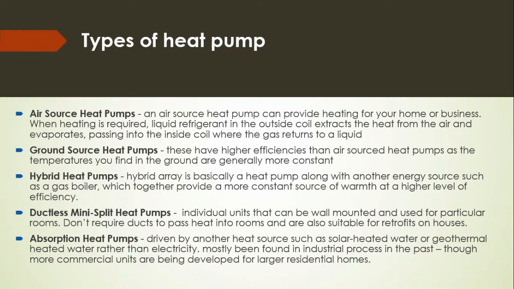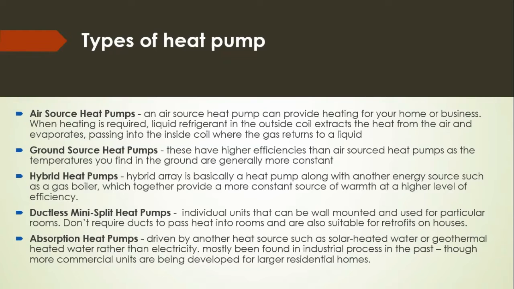So we go to the next, the ground source heat pump. These have higher efficiency than the air source heat pump because we find that the temperature in the ground is generally more constant than the air temperature.